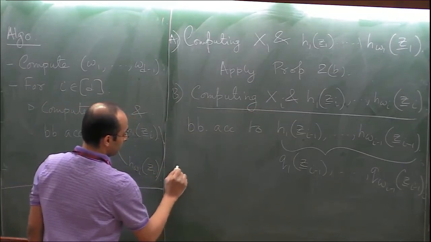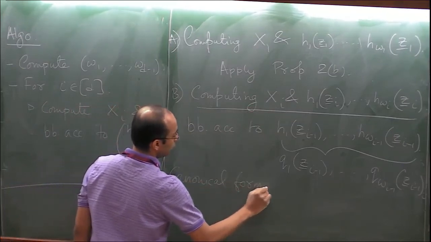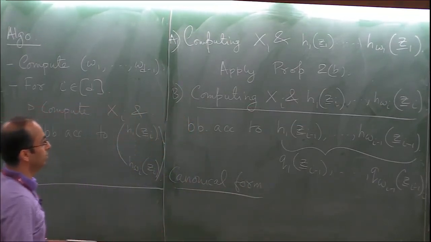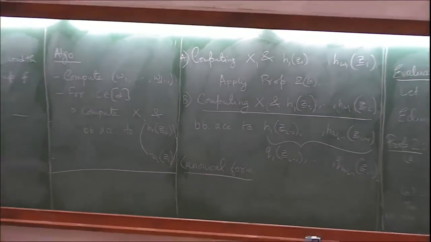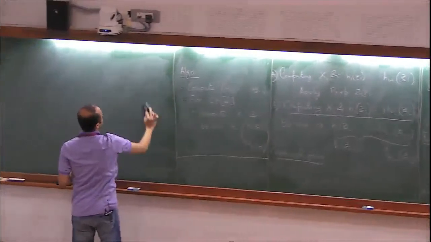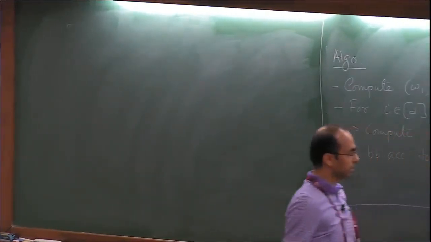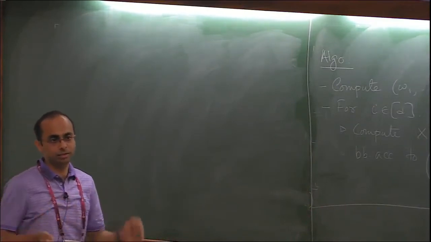Now, let me work with a convenient form for this matrix x_i, and we'll find an x_i in that form. The canonical form will help us determine the x_i readily using proposition 2b again and again. The reason for working with a canonical form is that x_i is not unique; you can multiply with an invertible matrix and work with it.